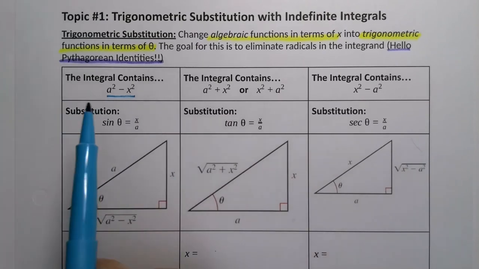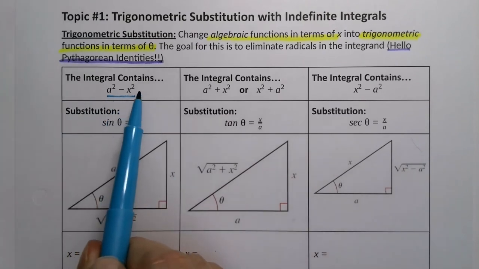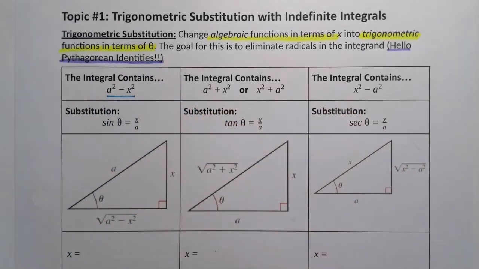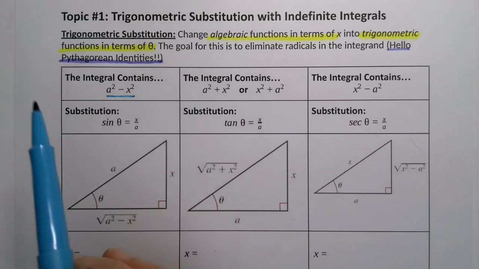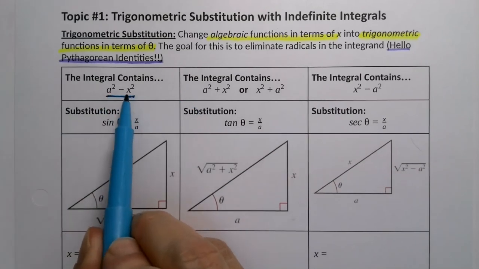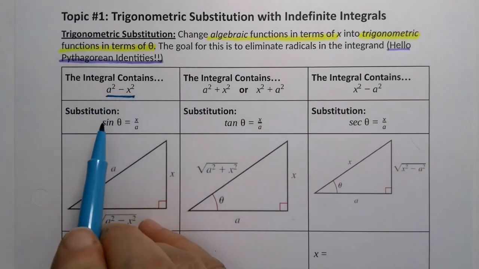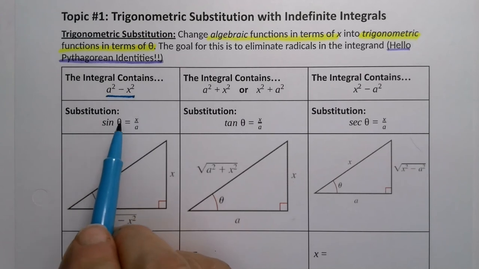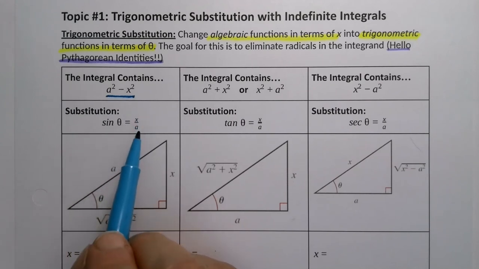So if your integral contains something like a squared minus x squared, you would do this substitution. This column over here is that type. You can see that's an algebraic expression. It involves an x. And the substitution you'll make is that the sine of theta is equal to x over a.